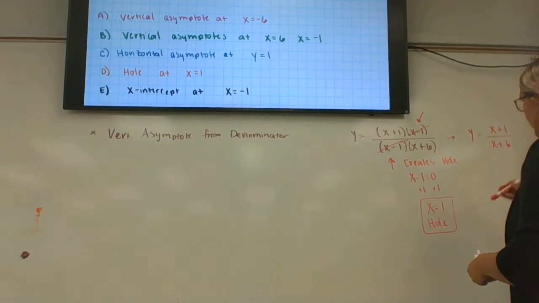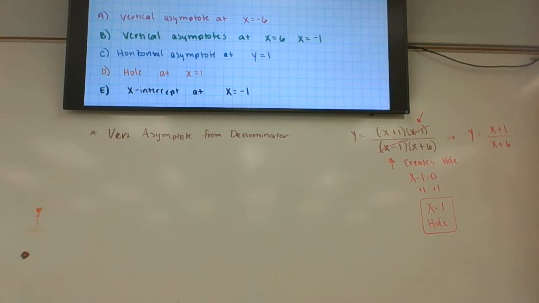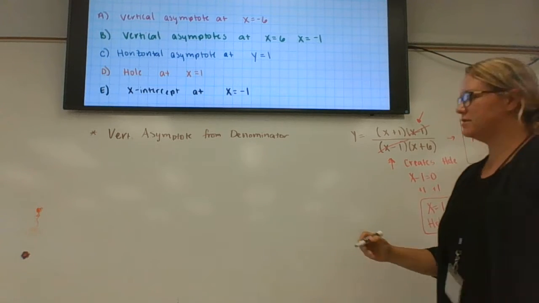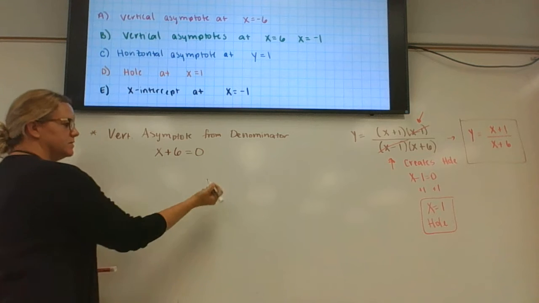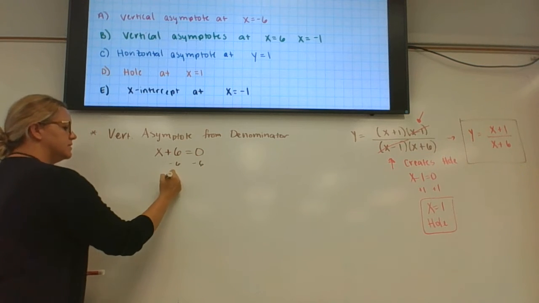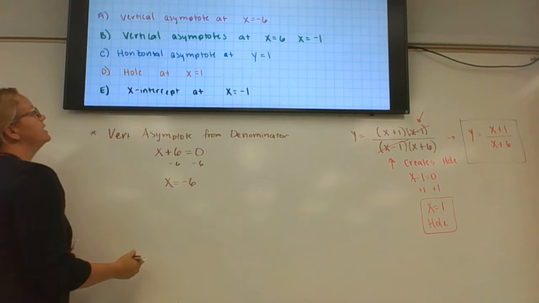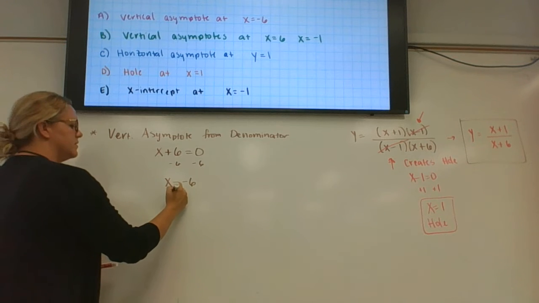Now I'm going to focus here on this simplified expression. Vertical asymptotes come from denominators. So I'll say x plus 6 equals 0 and solve it. And negative 6 is a vertical asymptote.